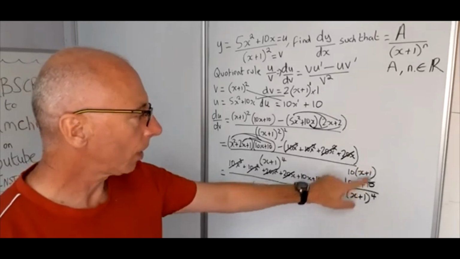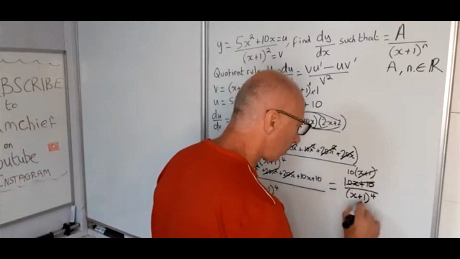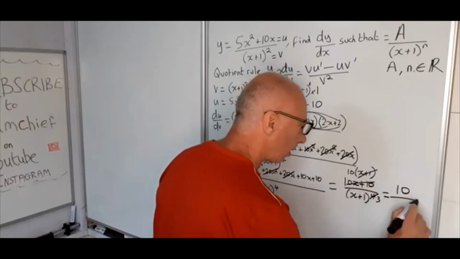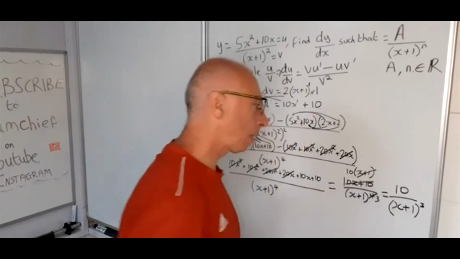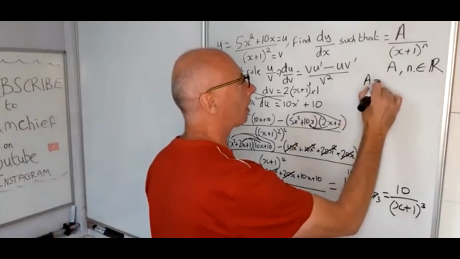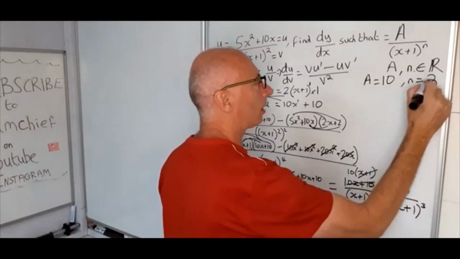And now we can just divide the top and bottom by x plus 1. So one of those will cancel out. And then we're left with 10 over x plus 1 to the power of 3. So therefore we can write in here our a equals 10 and our n equals 3.